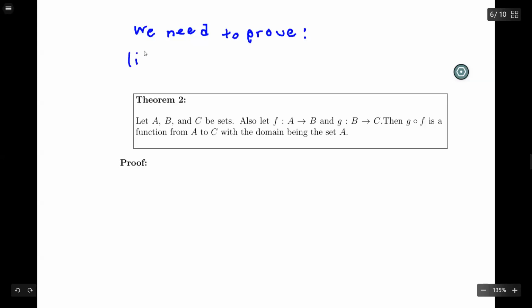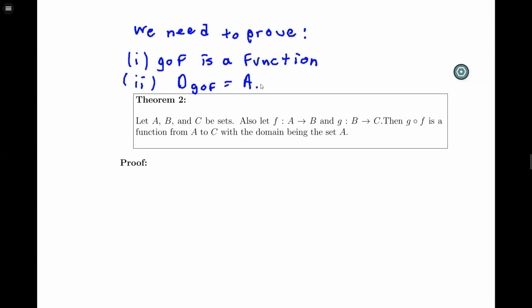We need to prove that g compose f is a function, and we need to prove that the domain of g compose f equals A. So I'm going to start with the first consequence.